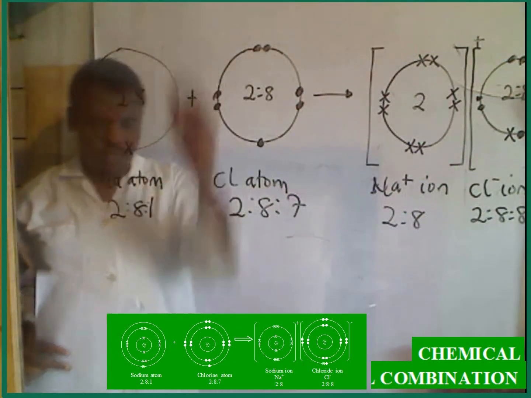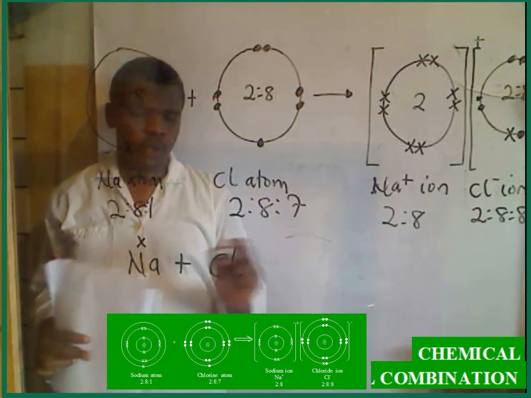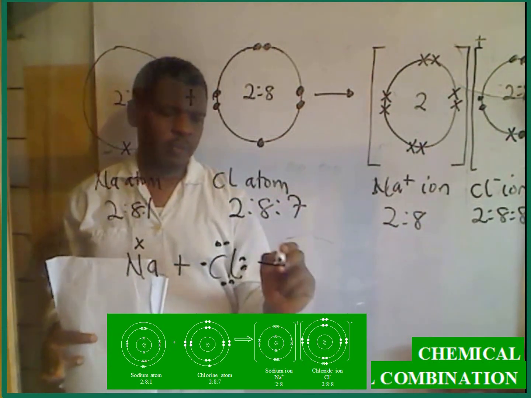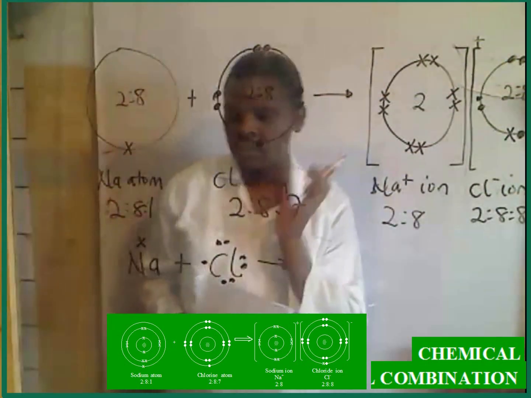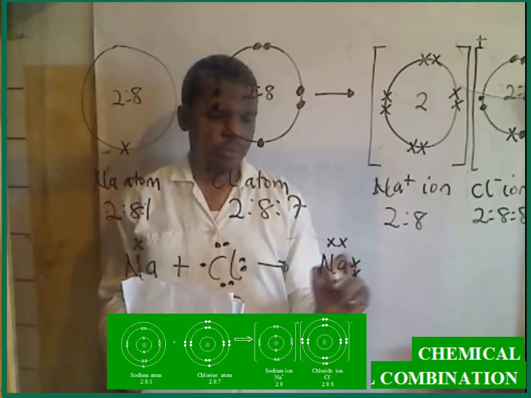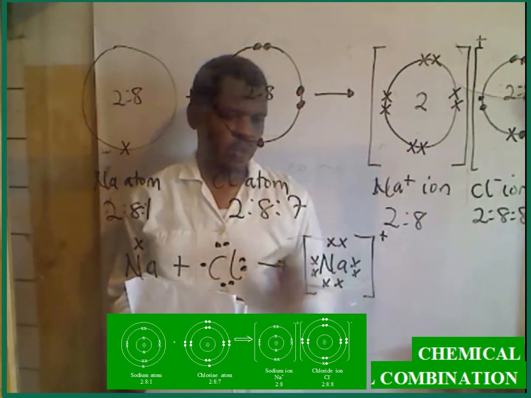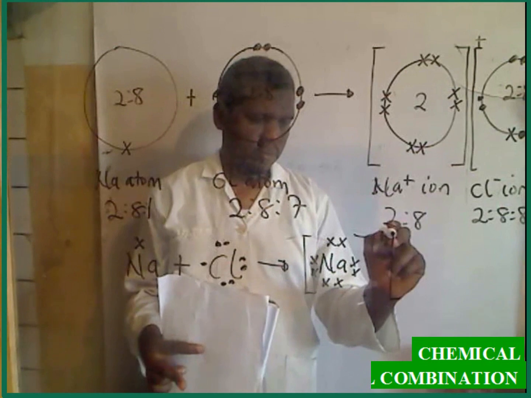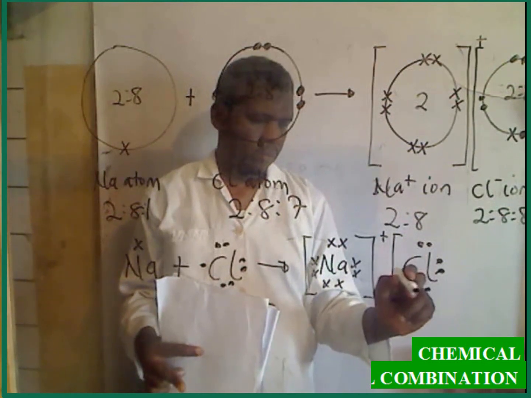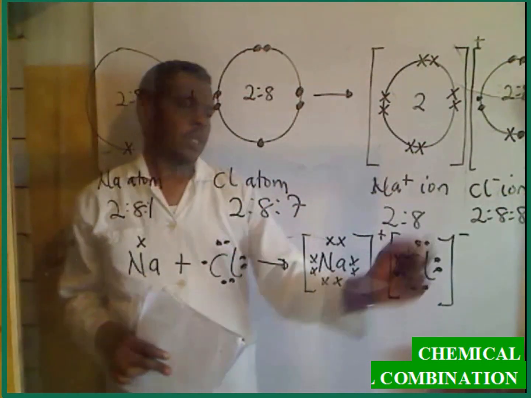We can use another notation to show here that you have sodium with just 1 electron, chlorine with 7 electrons, this reacts to give this is a sodium ion. This is the chloride ion.